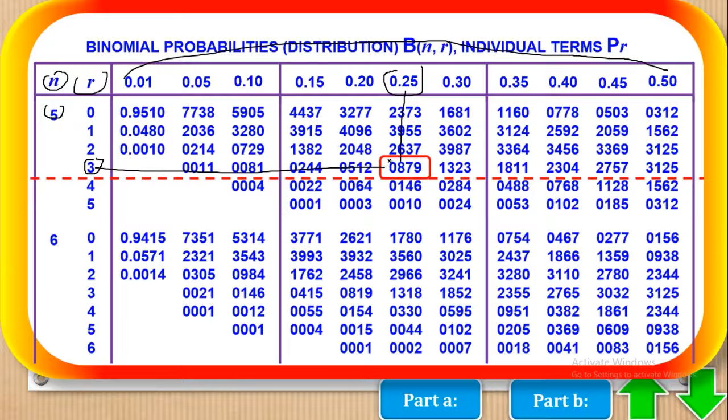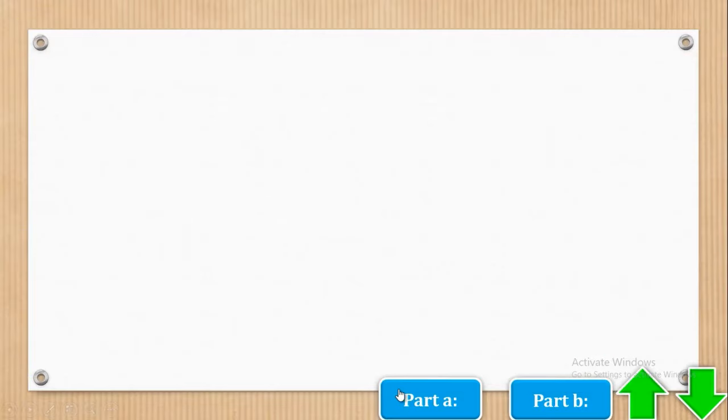These are 4 digits, so the probability must be to 4 decimal places, therefore it will be 0.0879. Therefore the probability of x equal to 3 is equal to 0.0879, as simple as that, and we're done.